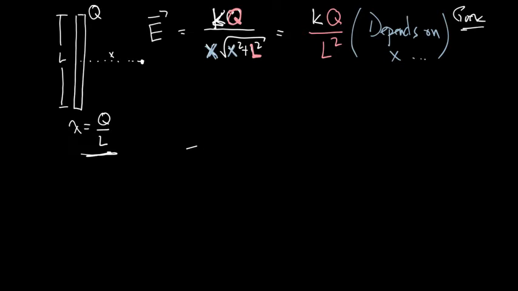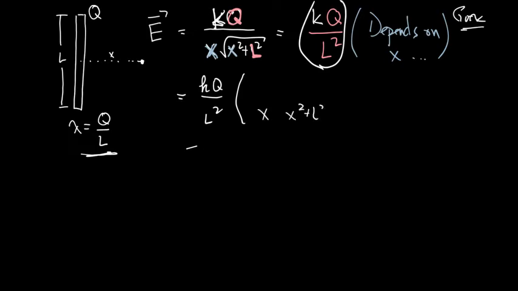So let's just start by pulling this term, kq over L squared, out. So we can do that: kq over L squared. This means that we now have times the square root of x squared plus L squared over L squared.